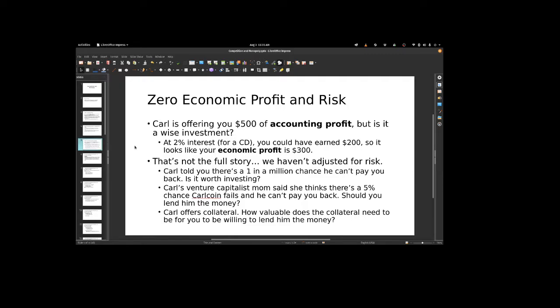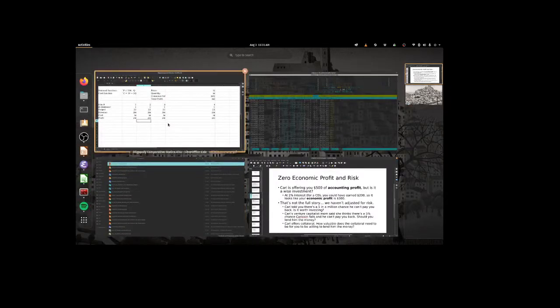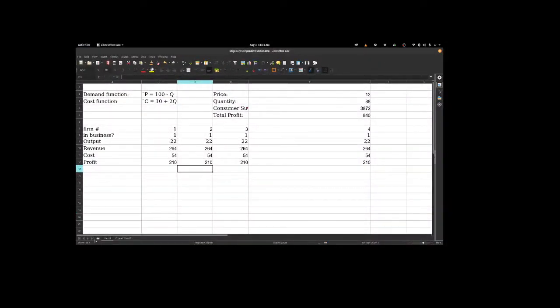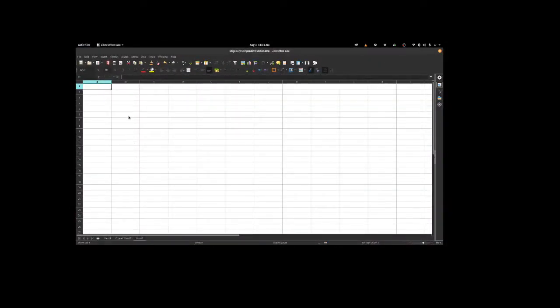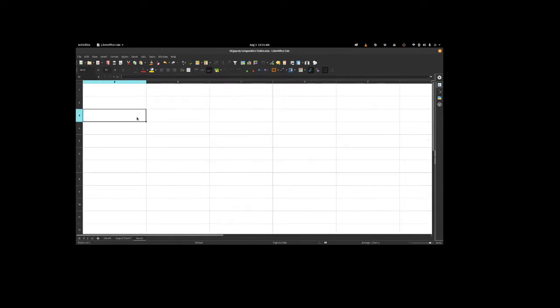Now, here's the interesting part, adjusting for risk. If Carl tells you he's got a 1 in a million chance that he can't pay you back, let's create a spreadsheet for this. So now we've got a chance of failure, and that is just equal to 1 over 1 million.